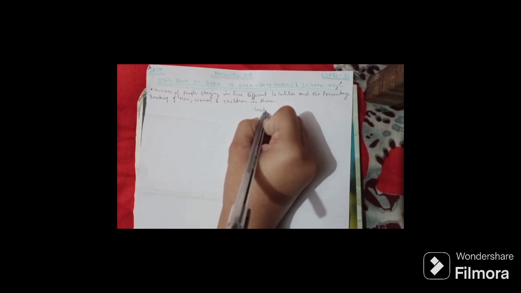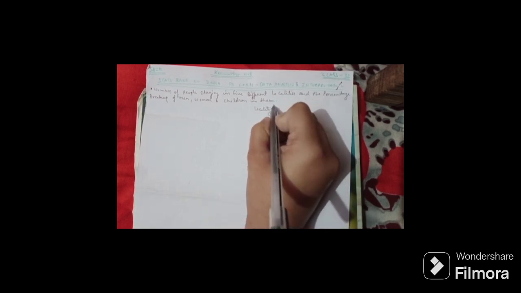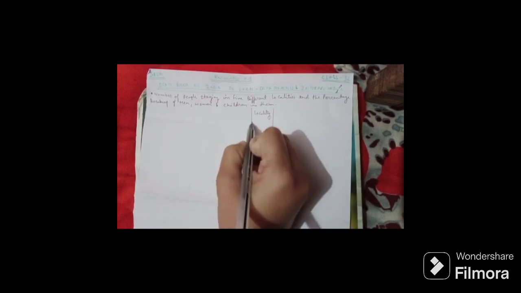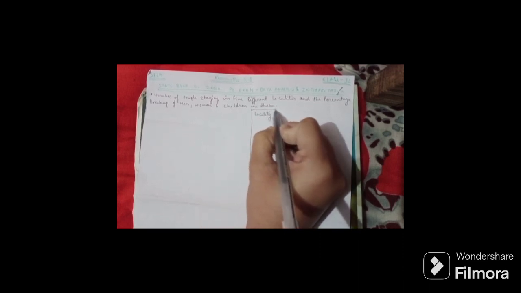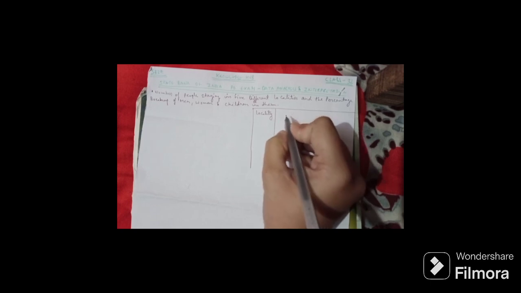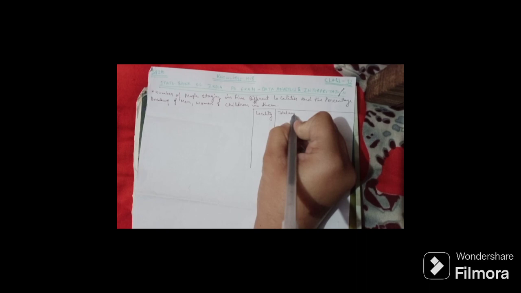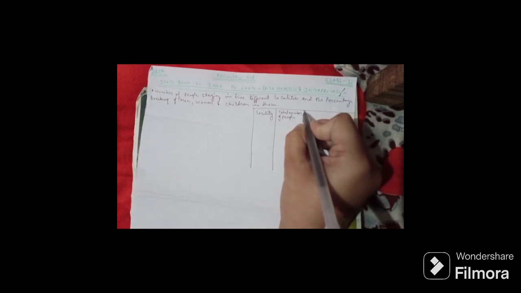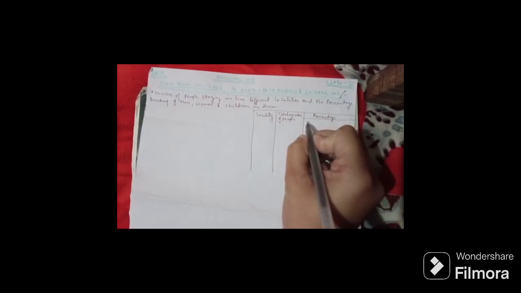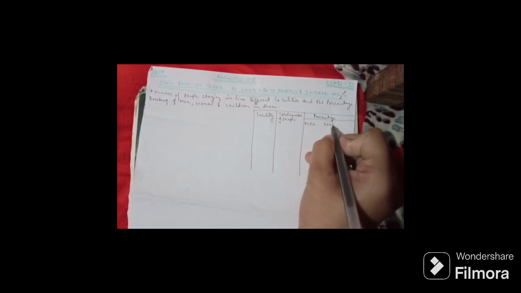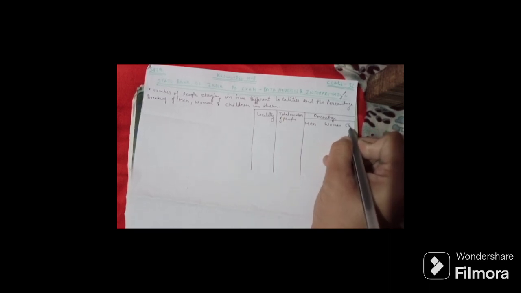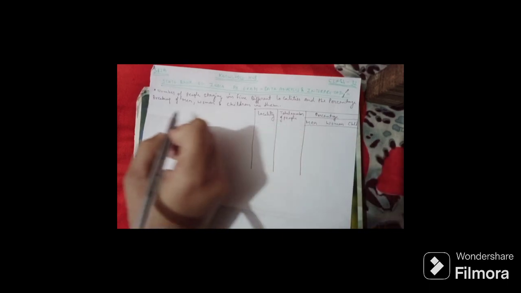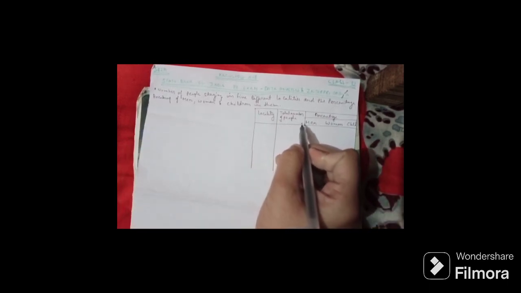Locality, total number of people, then we have your percentage: men, women, children. And that we have as follows.